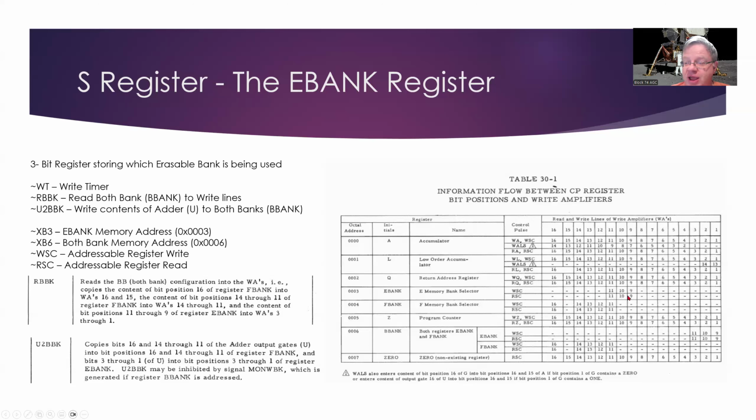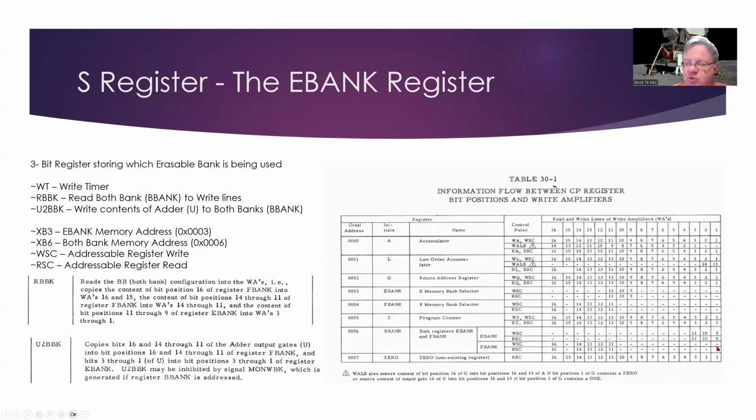So this was very helpful because you'll notice that for the EBANK, when we write into the EBANK, we're actually pulling bits 9, 10, and 11 off the write lines in order to write into the EBANK. Whereas if we do the EBANK from the BOTH BANK command, we're treating them as write lines 1, 2, and 3.